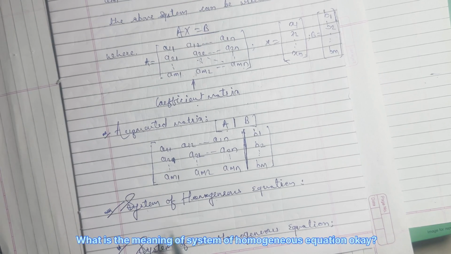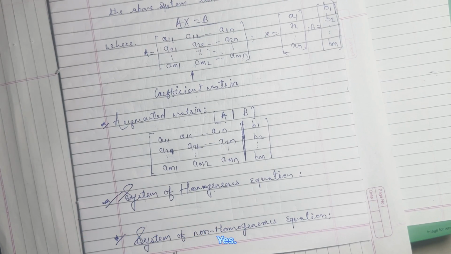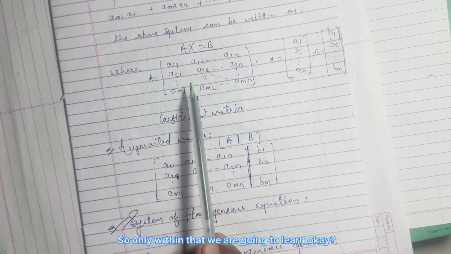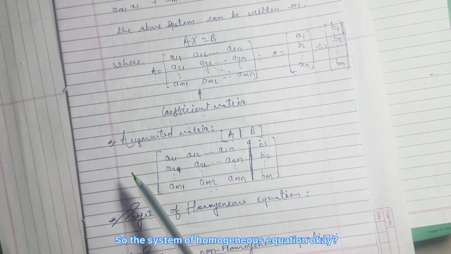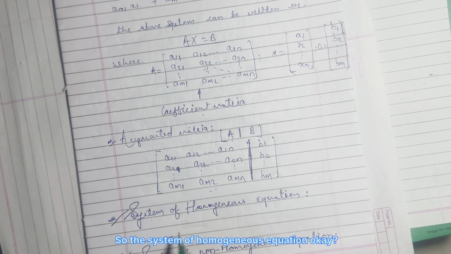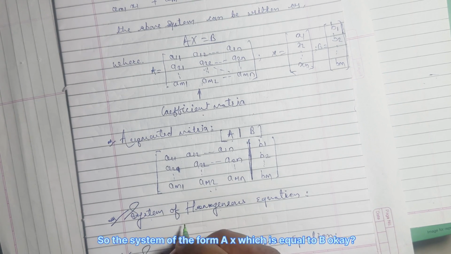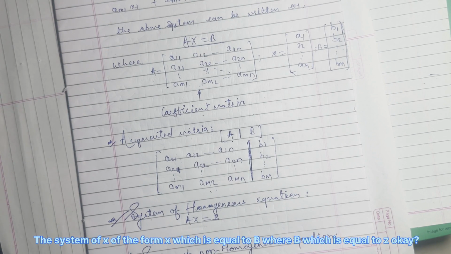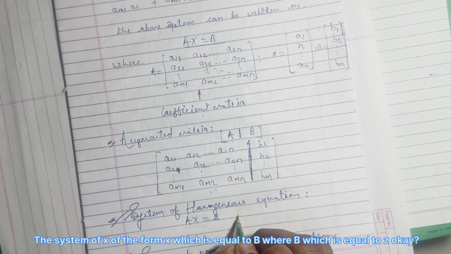What is the meaning of a system of homogeneous equations? We are looking for the form Ax equal to B, and only within that we are going to learn.